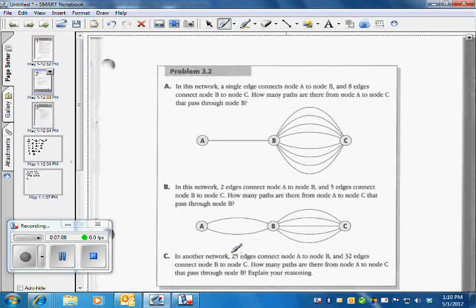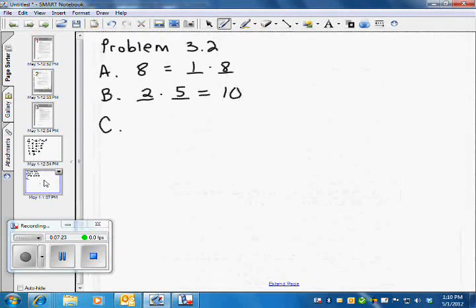That's certainly going to help us out in question C, where we say in another network there are 25 edges connecting node A to node B and 32 edges connecting node B to node C. That would take a long time to follow down each single individual pathway.